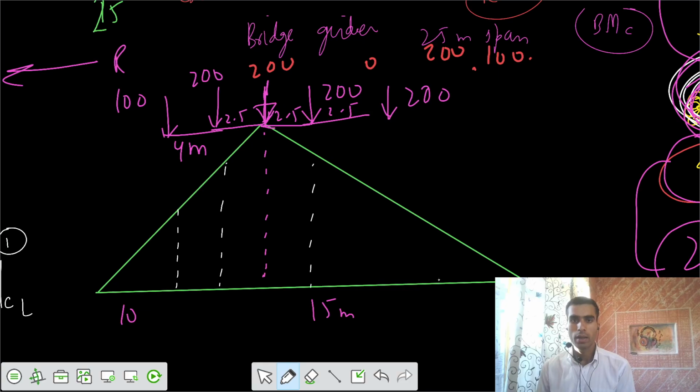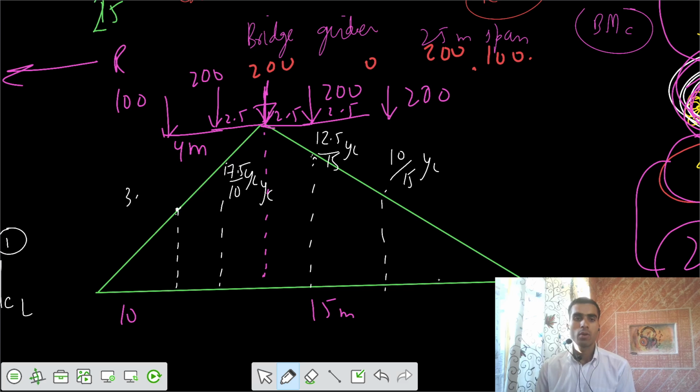I would say this is YC, and YC was for 15. This one is your 12.5 by 15 of YC, and similarly this one is 10 by 15 of YC. And from the side we had 10 meter total length. YC was for 10, I need for 7.5. This one is your 7.5 by 10 of YC. And this one is your 7.5 minus 4, that is 3.5 by 10 of YC.